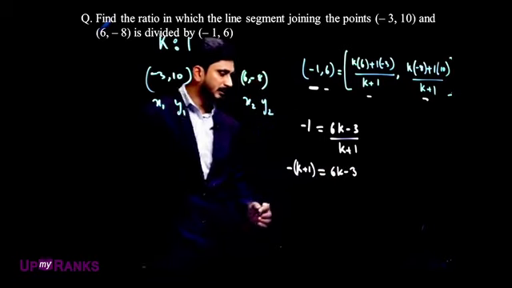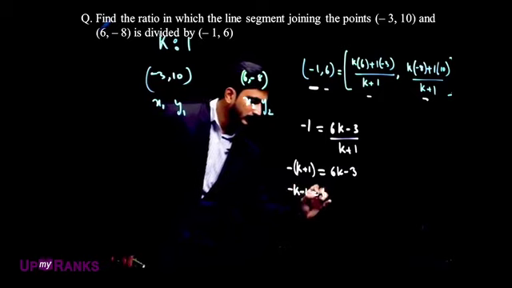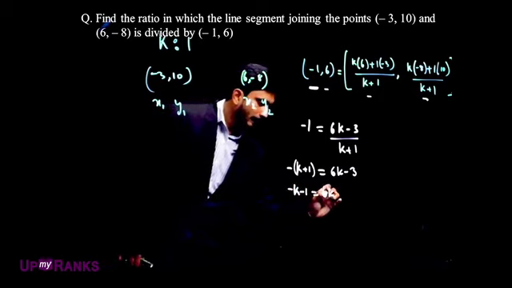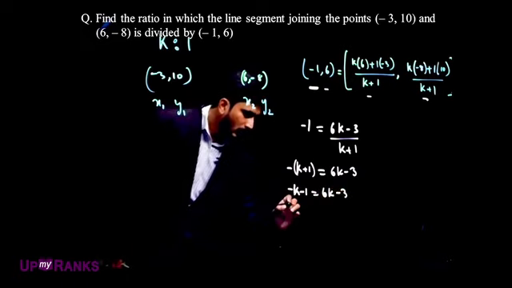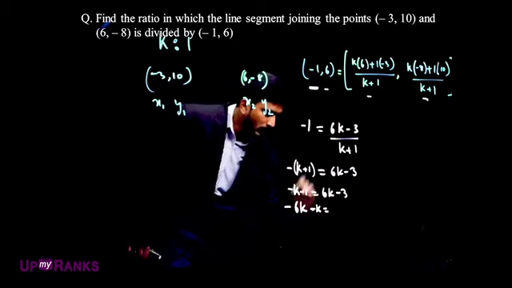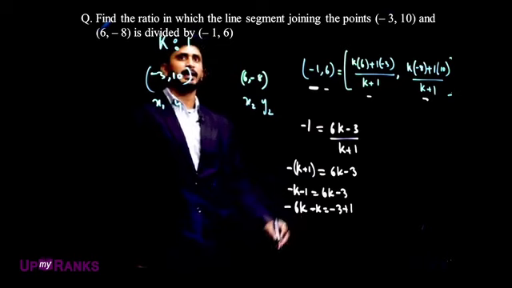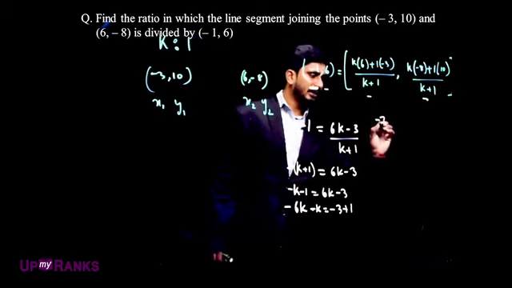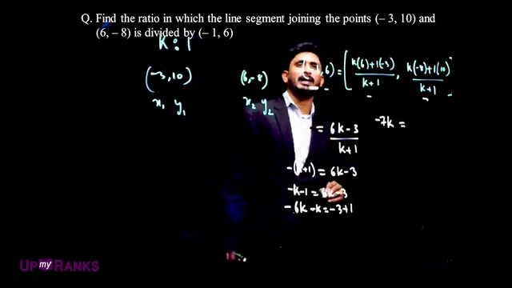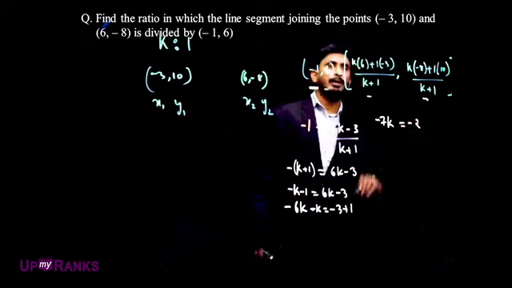When I simplify this further, you can see that -k minus 1 is equal to 6k minus 3. So I take 6k to this side, -6k minus k is equal to -3 plus 1 on the other side. So -6k minus k is -7k, which is equal to -3 plus 1, which is nothing but -2.